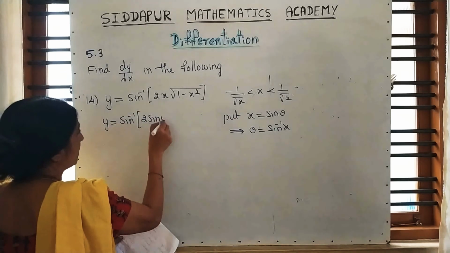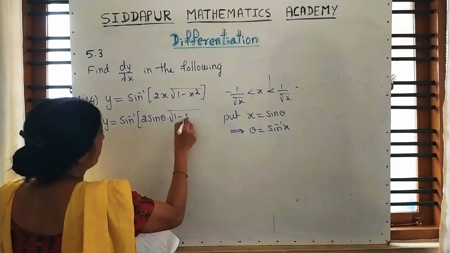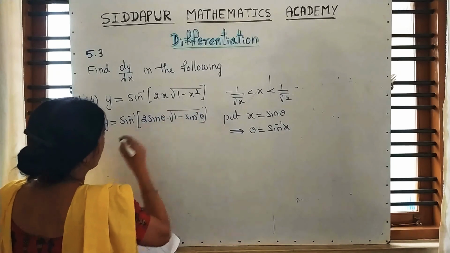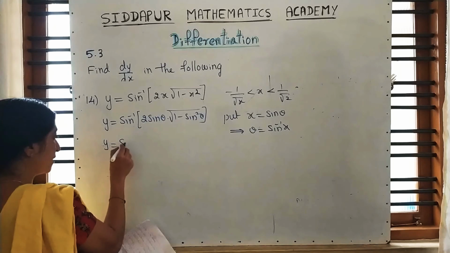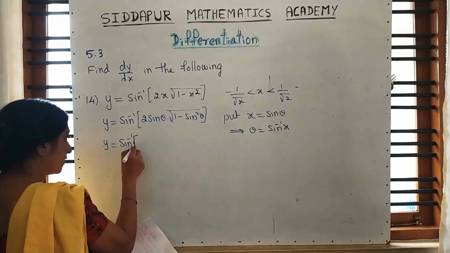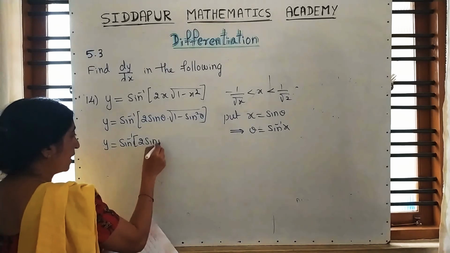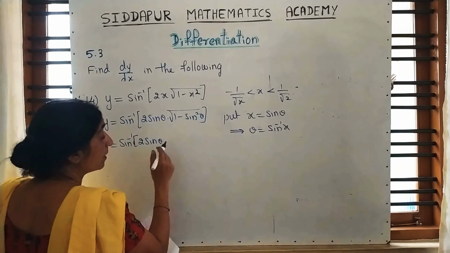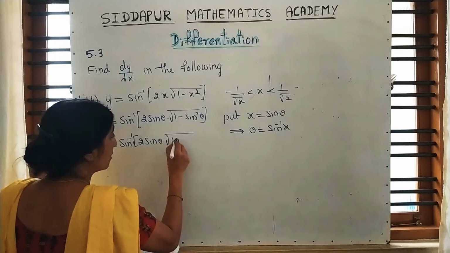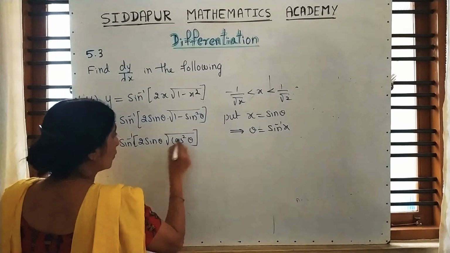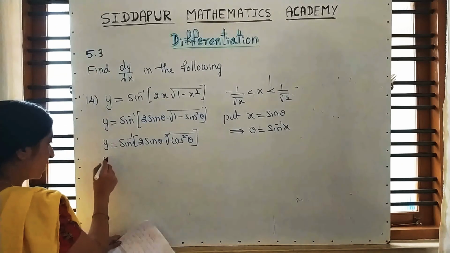2 sin theta into root of 1 minus sin square theta. Y as it is, sin inverse 2 sin theta as it is. What is 1 minus sin square theta? 1 minus sin square theta is cos square theta. Have you remembered that identity?